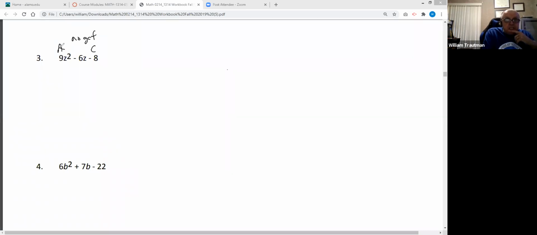A times C. I'm going to use the AC method, because the number in front of z squared does not equal 1. It equals something other than 1. And AC is 9 times 8, which equals 72.